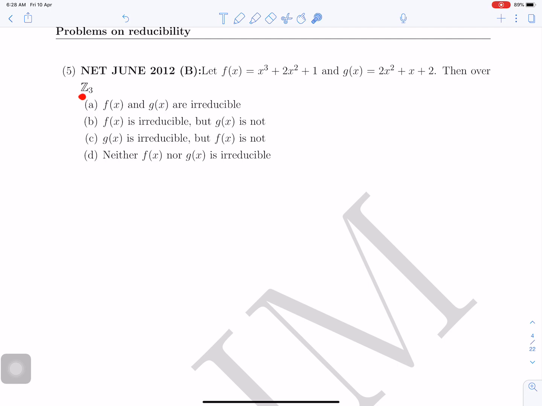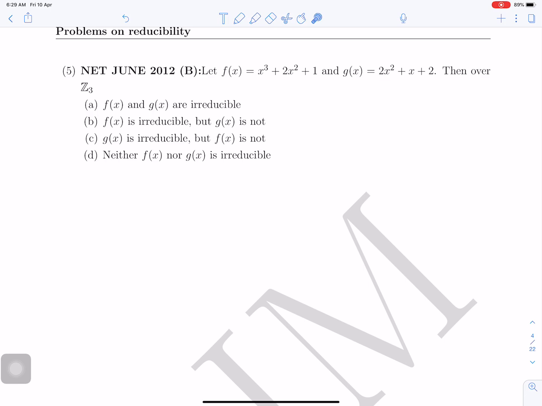Then over Z3: f(x) and g(x) are irreducible; f(x) is irreducible but g(x) is not; g(x) is irreducible but f(x) is not; neither f(x) nor g(x) is irreducible. So they are asking about the reducibility of f(x) and g(x) over Z3. And here you observe the degrees of f(x) and g(x) are 3 and 2 respectively.